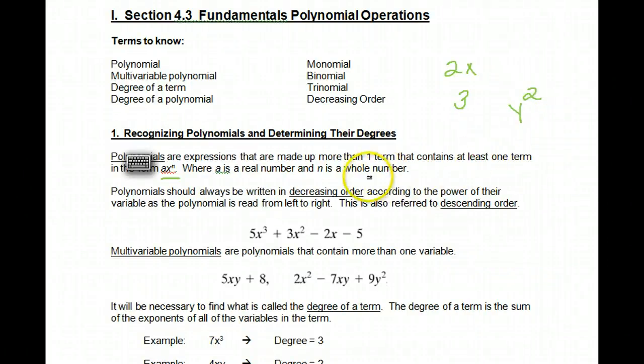Polynomials should always be written in decreasing order according to the power of their variable as the polynomial reads from left to right. This is also referred to as descending order.